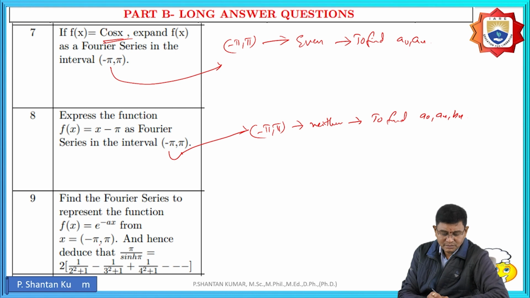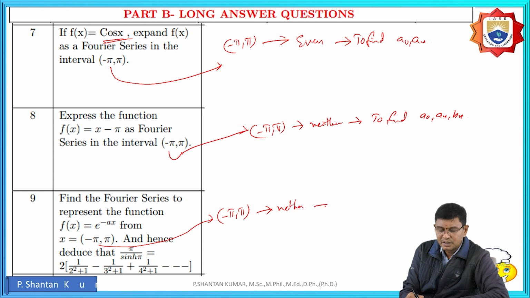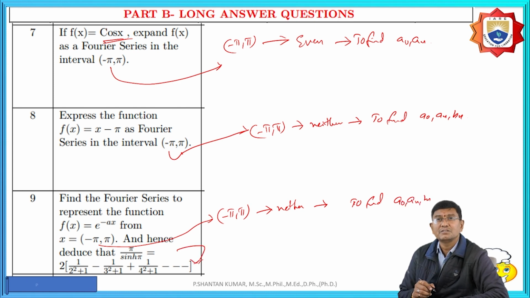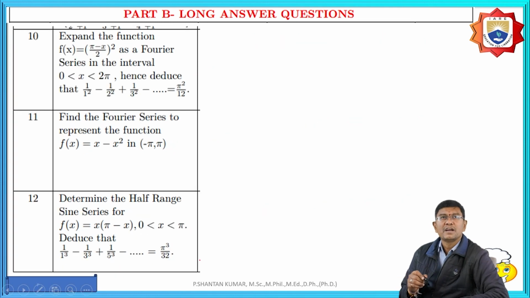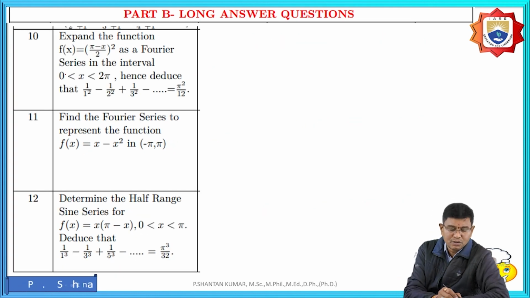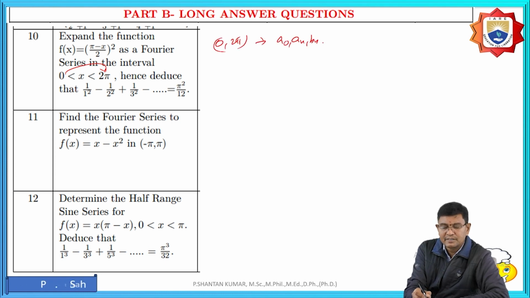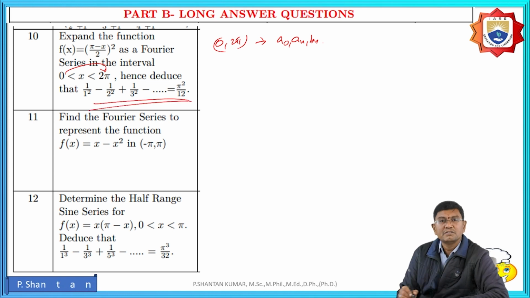And here also, minus pi to pi, the function is neither, so here also we find a naught, an and bn, but additionally we need to find the deduce condition also. And further it is also 0 to 2 pi, the limits, where we find a naught, an, bn, and also deduce the problems, and we need to calculate the solutions.